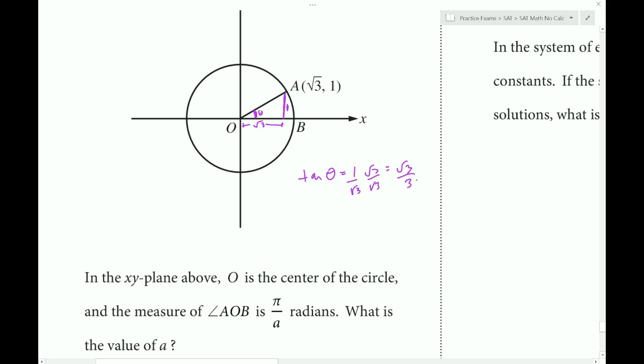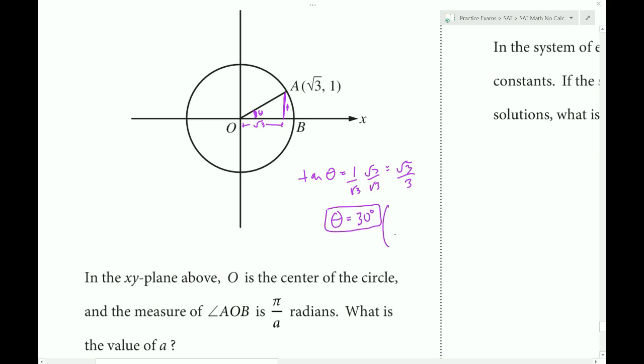And the angle which has this as its tangent, if you memorize your chart from trigonometry, you'll know that angle, let's see, is it 30 or is it 60? I think that it would be 30 degrees. Yeah, 30 degree angle.